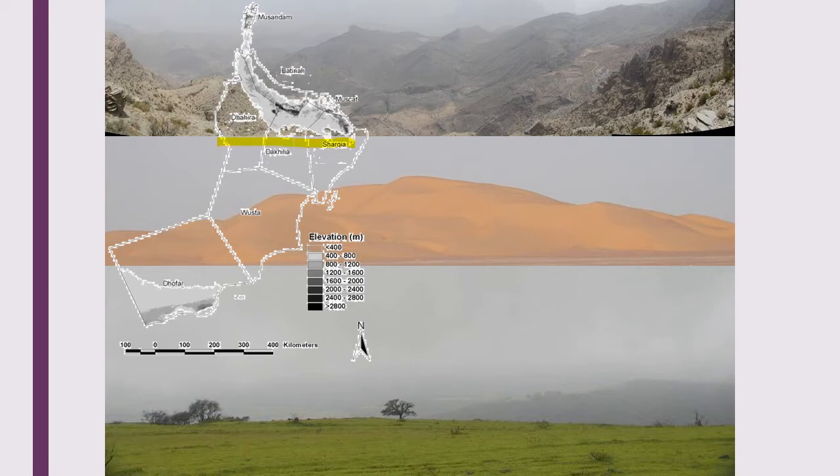So this is basically this area, and you can see the Wusta, part of Sharqiya, and parts of Al-Dakhliya, parts of Dhofar. It's really sand dunes, like a part of the Empty Quarter, part of the Sharqiya sands. And in the south, as you can see here, it's totally different, especially during the monsoon season, which is usually somewhere between June, July, August, or sometimes all the way to September.